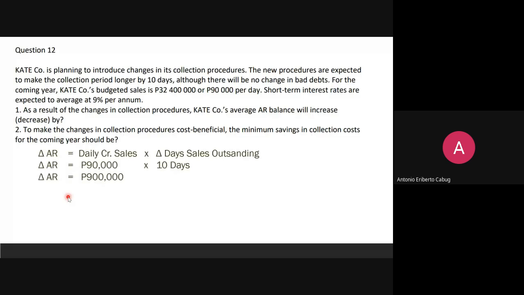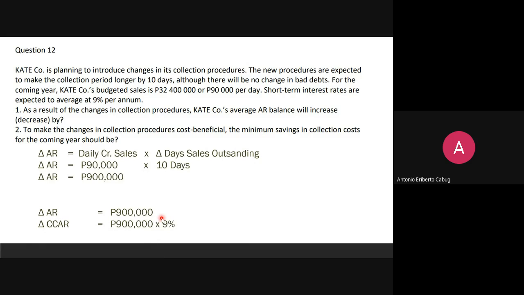Ngayon, ang dapat sanang gawin nyo, i-multiply nyo muna ito doon sa investment in AR. No? To arrive at the investment in AR, multiply this by the variable cost ratio. Kung walang binigay, okay, just ignore it and directly multiply the interest rate by the change in AR. No? 900,000 times 9%.